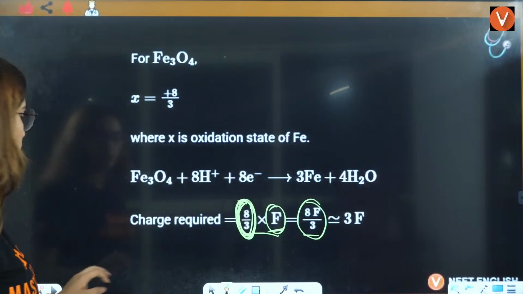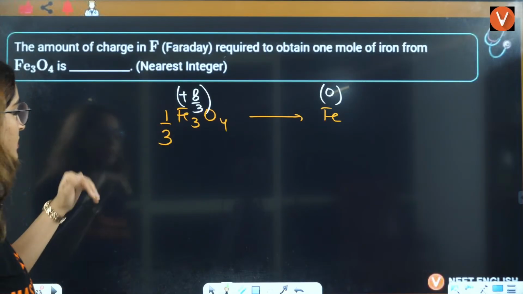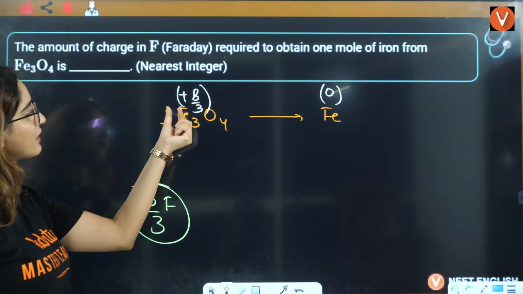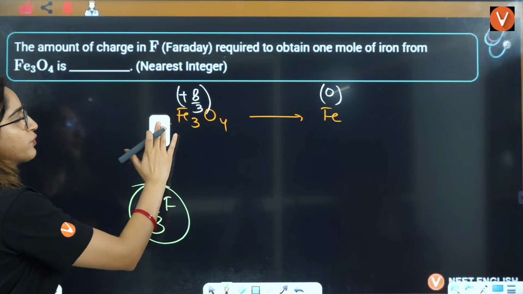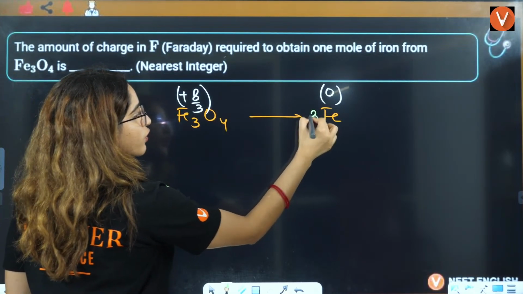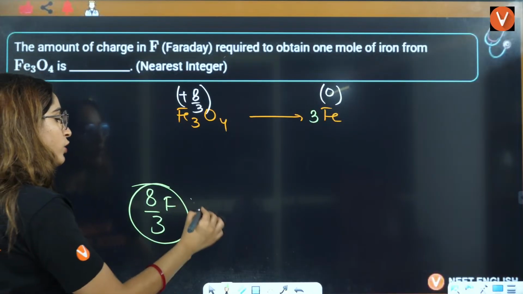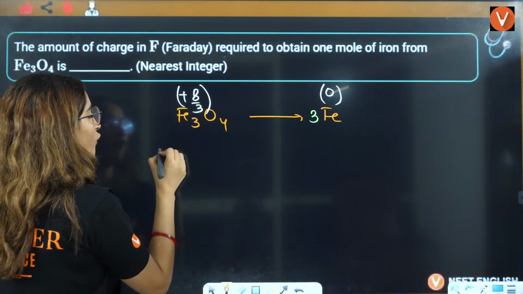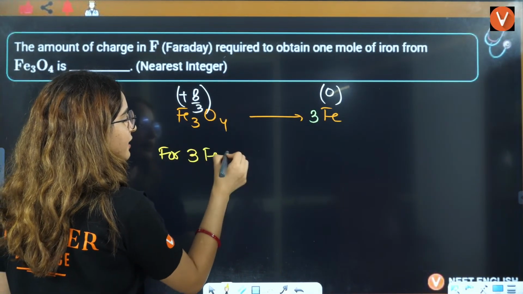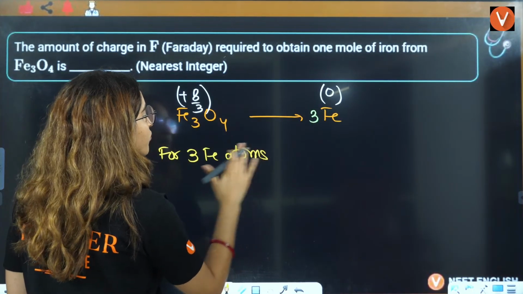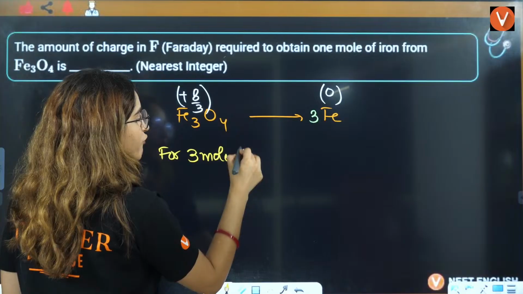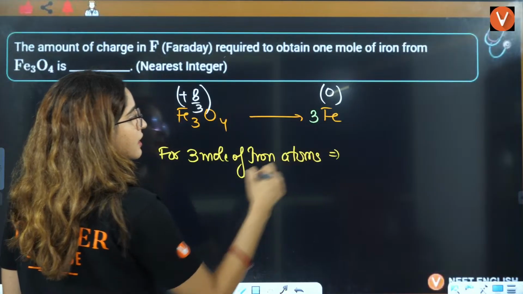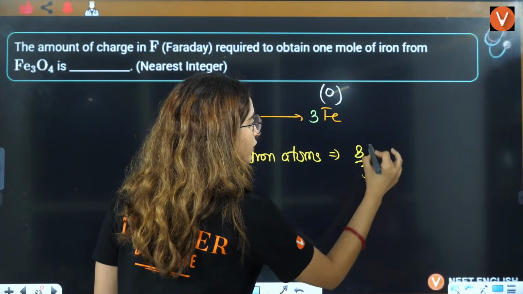Now, over here, if you see, this is 8 by 3. Basically, it is 8 by 3 Faraday, right? But 8 by 3 Faraday is for Fe3O4 and this is for 3 iron. The simple thing you can say is that for 3 mole of iron atoms, here it is 8 by 3 Faraday.